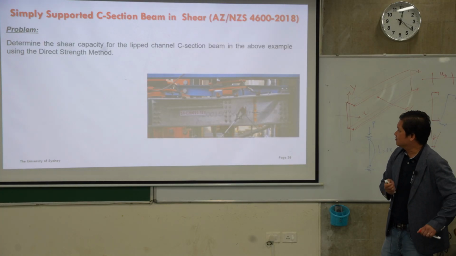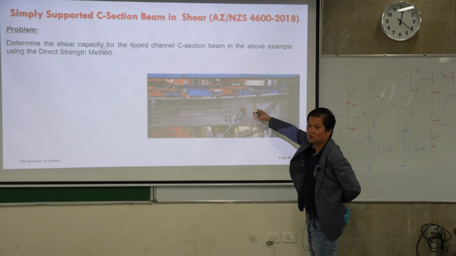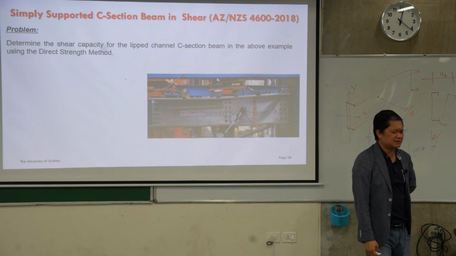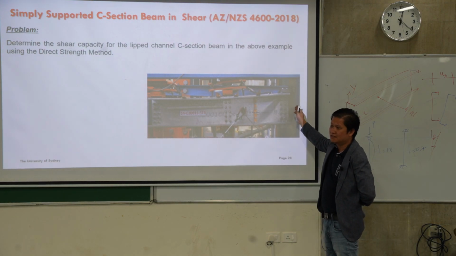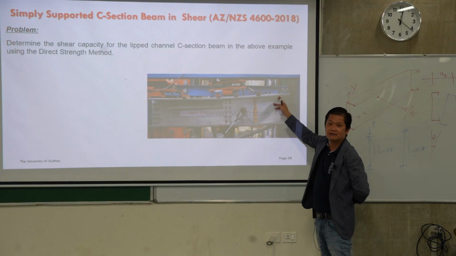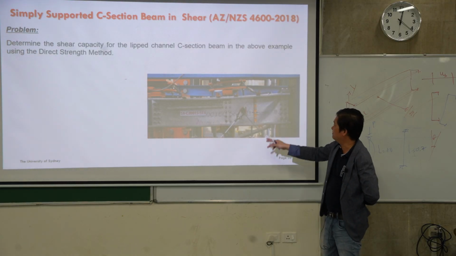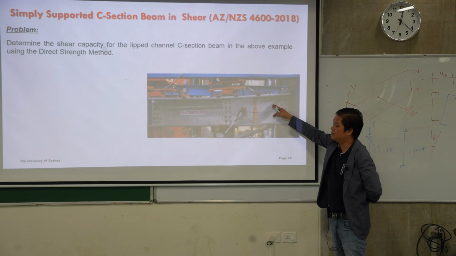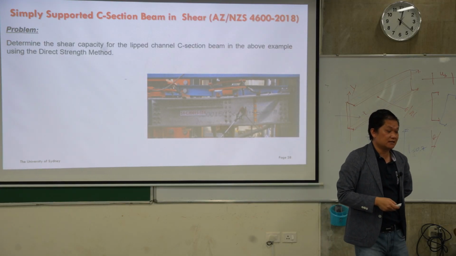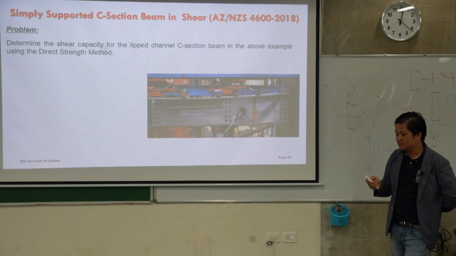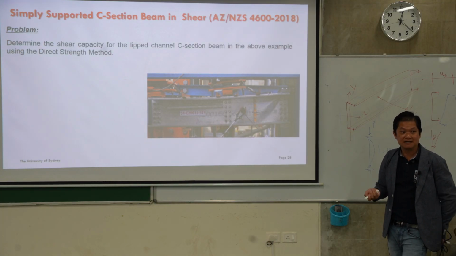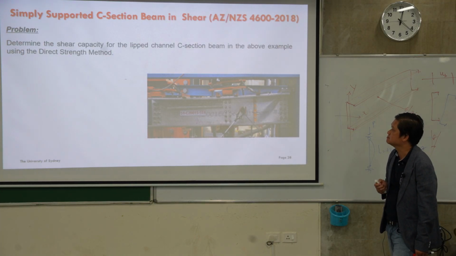You can see one of the photos from my student test a long time ago, and next to the support, you can see the failure in shear at 45 degrees, and it happens mainly in the web. So this is critical if we don't check and make sure, because sometimes the bending is good, but then it might fail in shear.